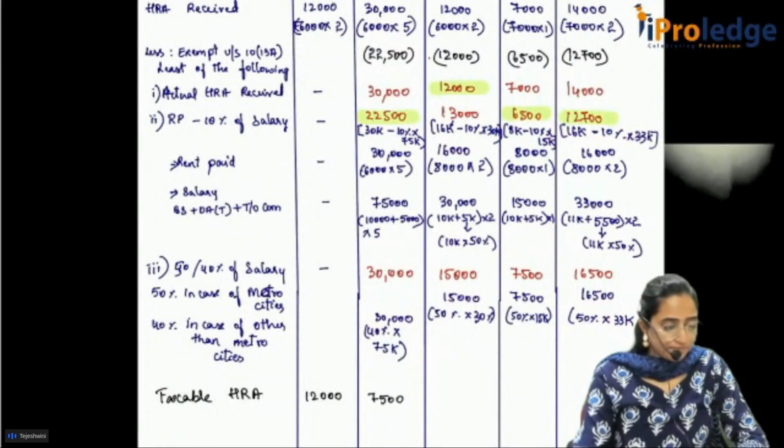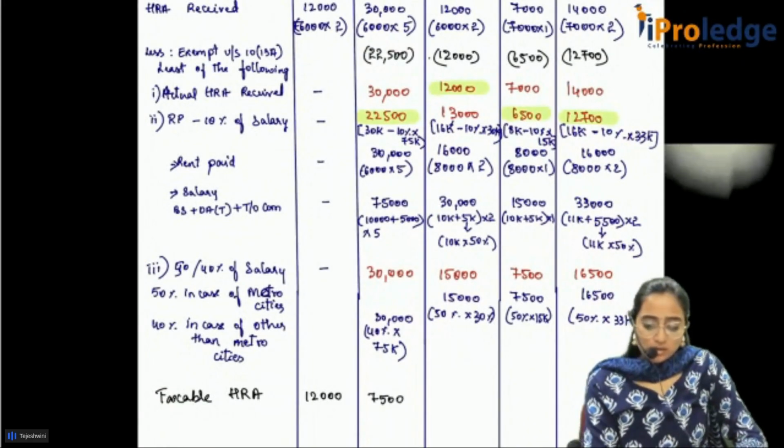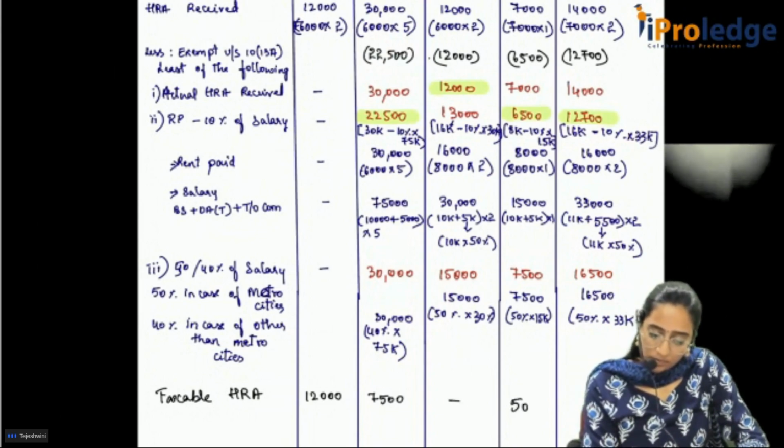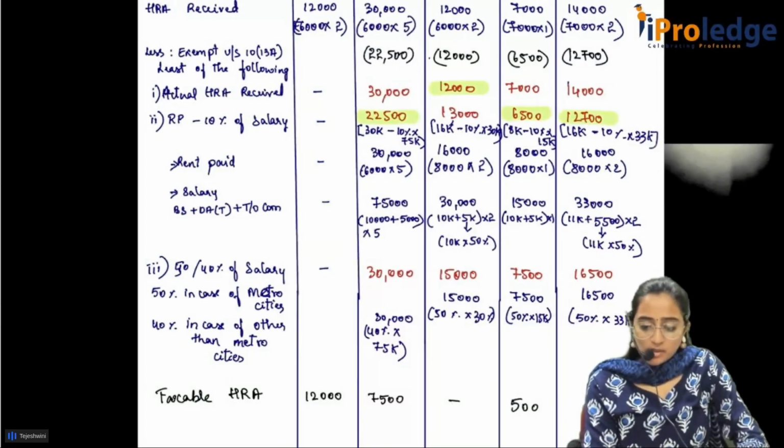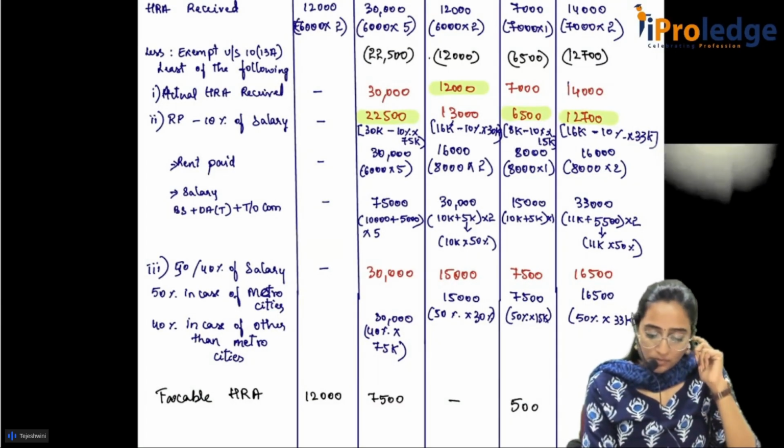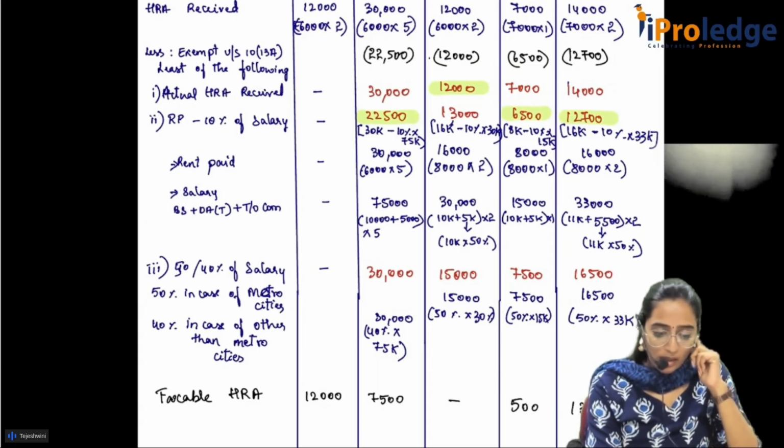Next, 12,000 minus 12,000, nil. 7,000 minus 6,500, 500. Next, 14,000 minus 12,700, 1,300. This will become your taxable HRA.